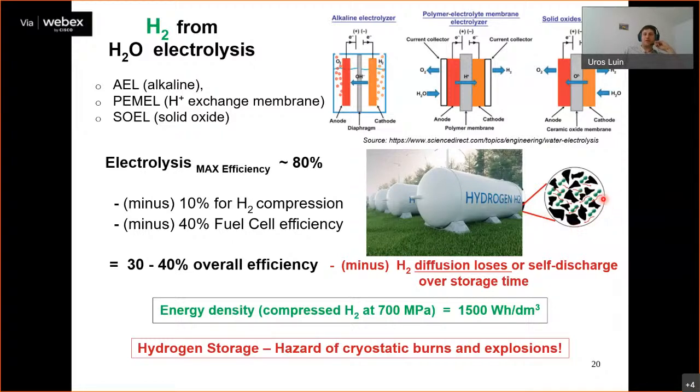This is some kind of problem, and also energy losses connected with this technology. So at the end, we will find that such technology has an overall efficiency of 30 to 40%, which, by the way, for such energy storage in the present state today, we are curtailing a lot of energy.